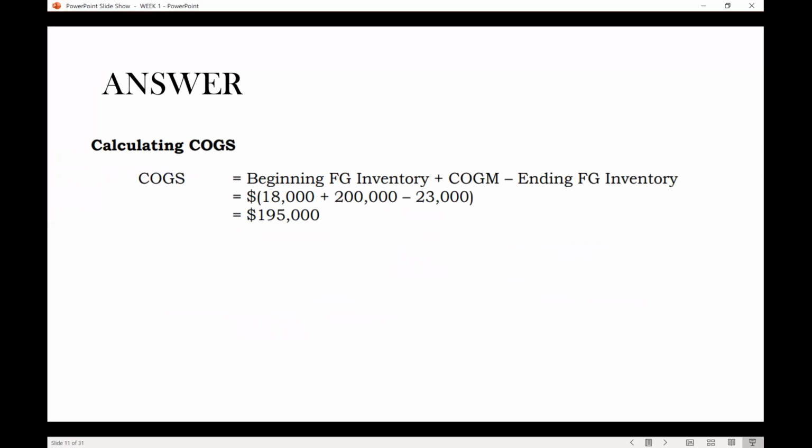So now, based on calculating our cost of goods manufactured, we can find our cost of goods sold. The formula for cost of goods sold is beginning finished goods inventory plus the cost of goods manufactured that we just calculated minus ending finished goods inventory. We put that in our formula, and our cost of goods sold is $195,000.